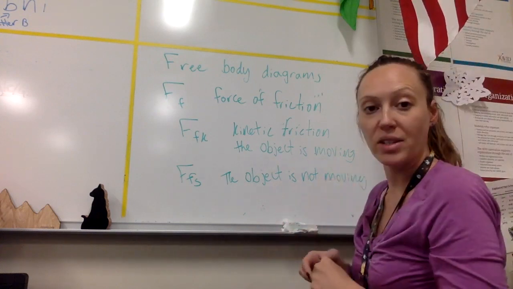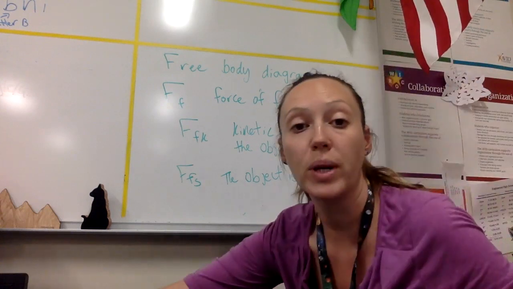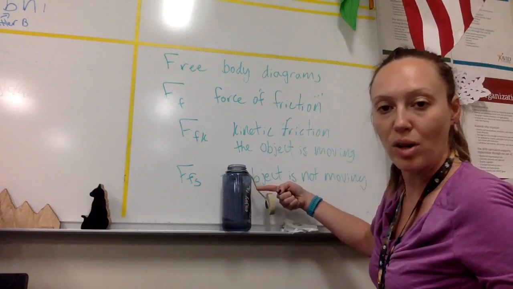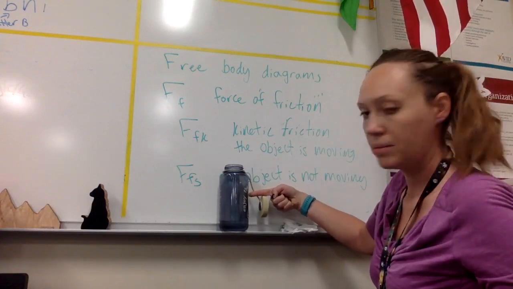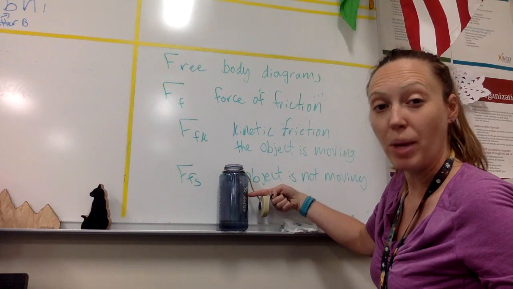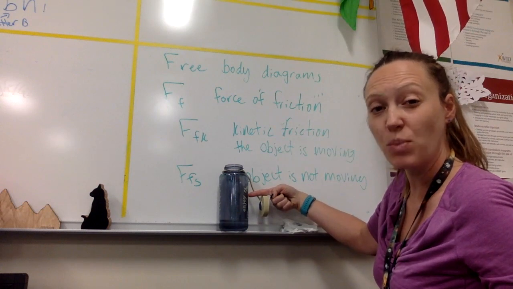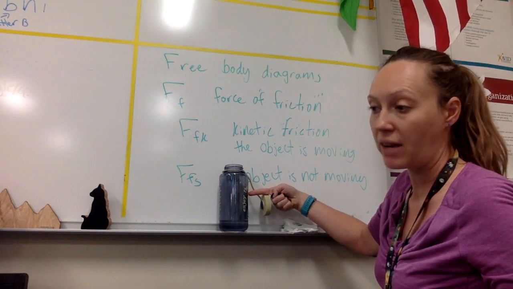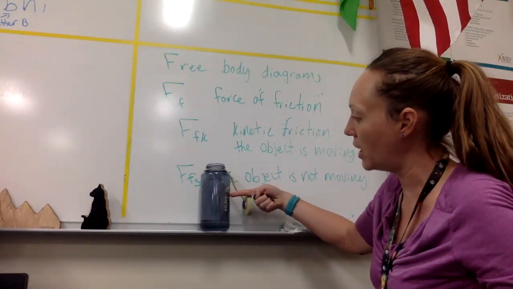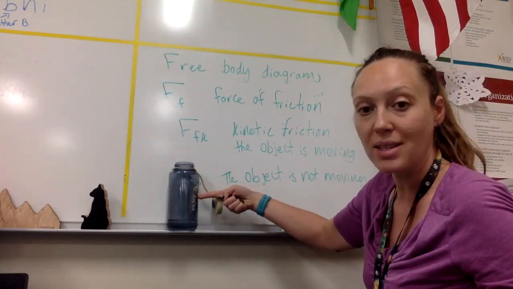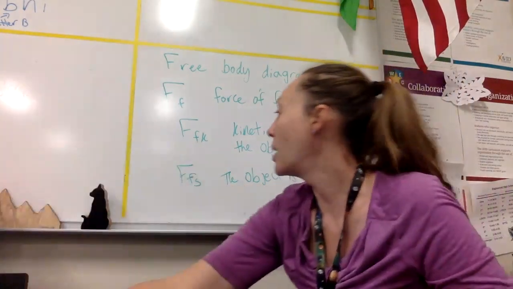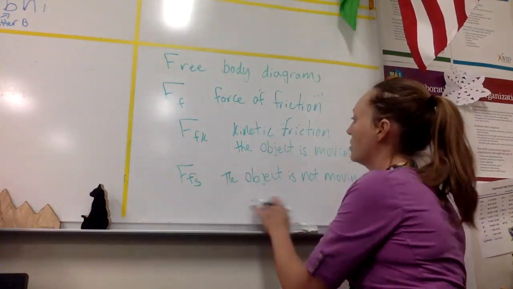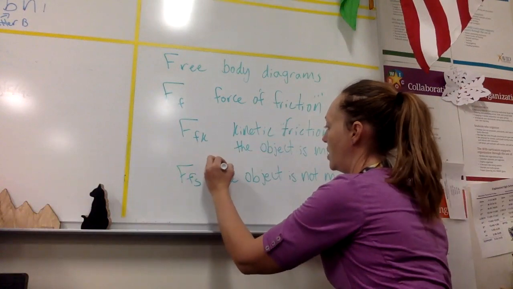So you might ask yourself, how could an object not be moving when it has friction? I have my water bottle here, and I'm going to push on my water bottle. I'm pushing on my water bottle, but it's not moving. So the thing that's opposing my push is static friction. And then I could push a little bit harder and get it to move, and now it has kinetic friction. And the force of static friction, I should write this down.